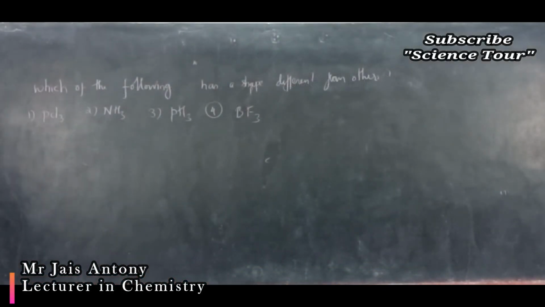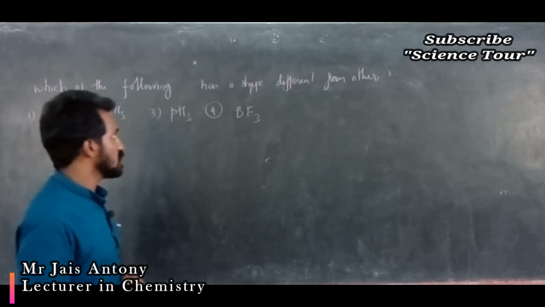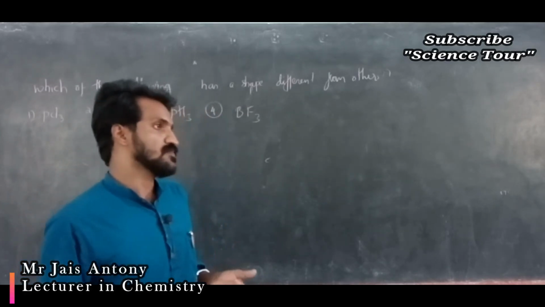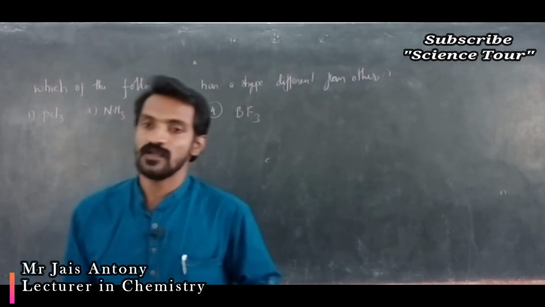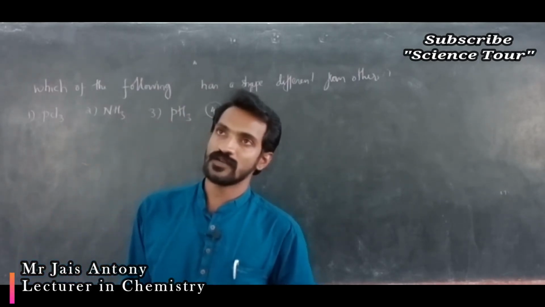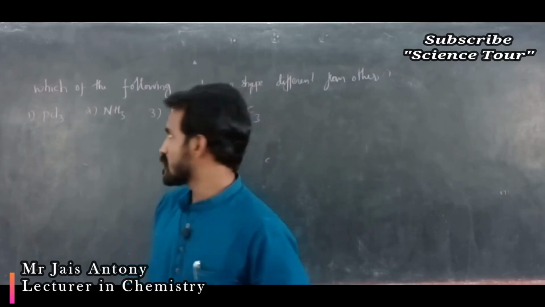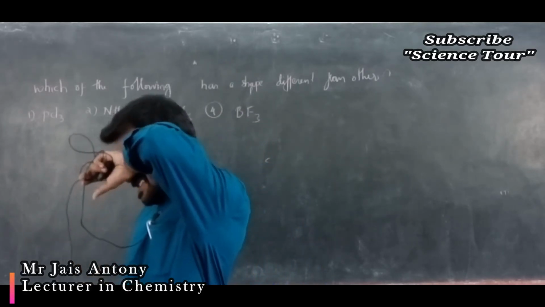My dear students, the next question is: which of the following has a shape different from others? How to find the shape I explained in the last class. By knowing its lone pair electrons and hybridization, you can predict the shape. That is very simple.